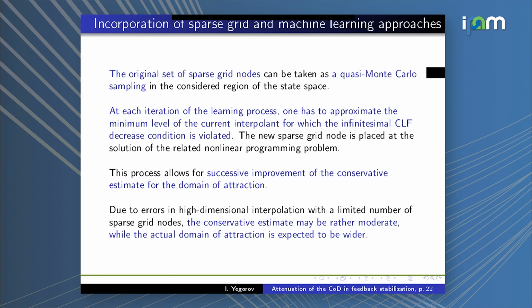And the new sparse grid node is placed at the solution of this problem. And this allows for successive improvement of the conservative estimate. So we just try to expand the sublevel set where everything is okay.